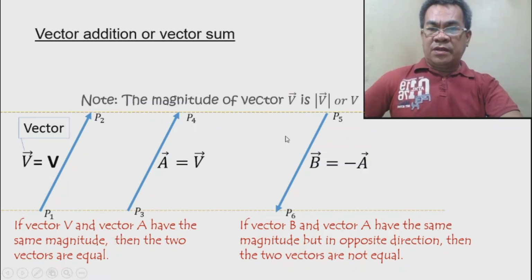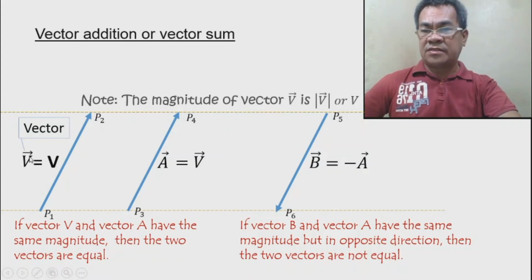Now, when you are working with vectors, sometimes we need the magnitude of that vector. Take note, this is a vector. What is the magnitude of the vector? Mathematically, the magnitude of a vector is written by constructing the absolute sign and putting the vector inside it.